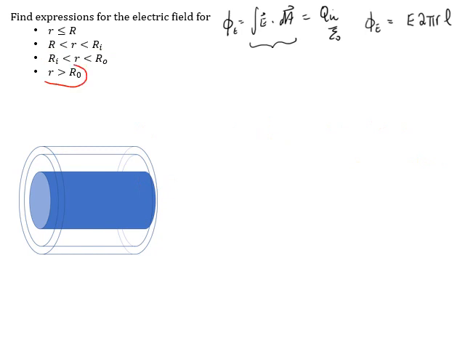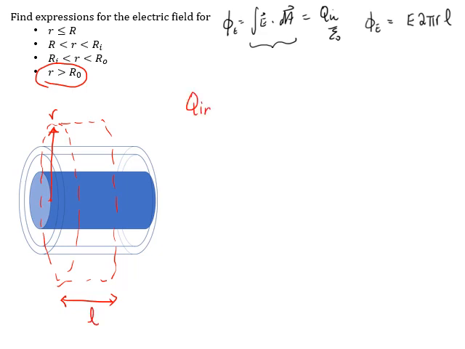Our last bit now is to find the electric field outside everything. So let's draw a Gaussian surface. And let's pick our Gaussian surface to be a cylinder that's outside everything, outside the conductor and outside the insulator. Gaussian surface has a radius of r and it has a length of L. We'd like to know the net charge inside. The net charge inside is however much charge is on the conductor plus however much charge is on the insulator.